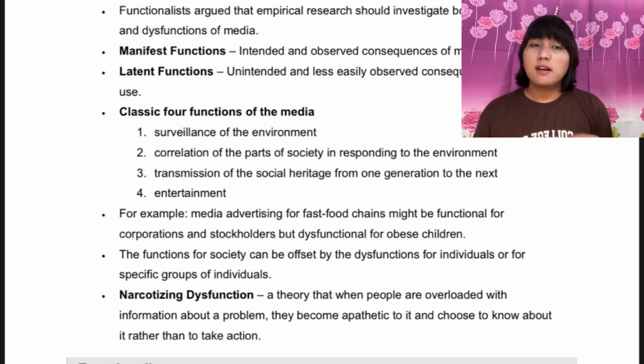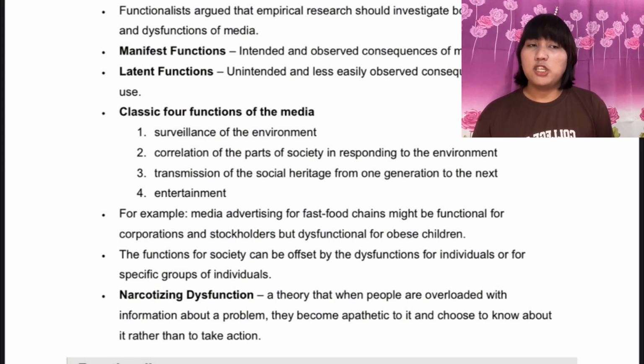As obesity-related health problems increased, insurance costs could spiral, a dysfunction for working parents but functional for those selling weight reduction programs and fitness camps. So the functions for society can be offset by the dysfunctions for individuals or for specific groups of individuals.